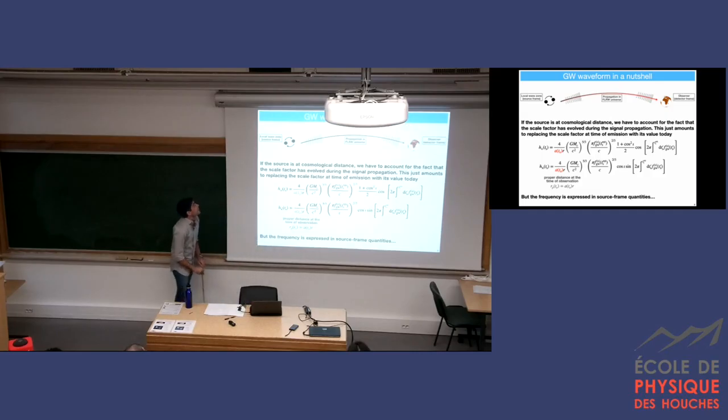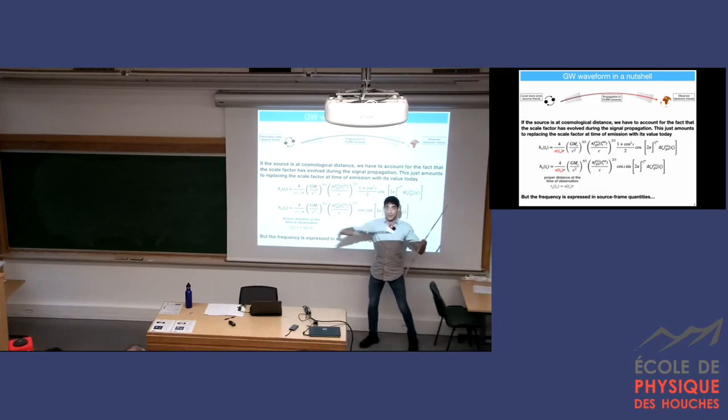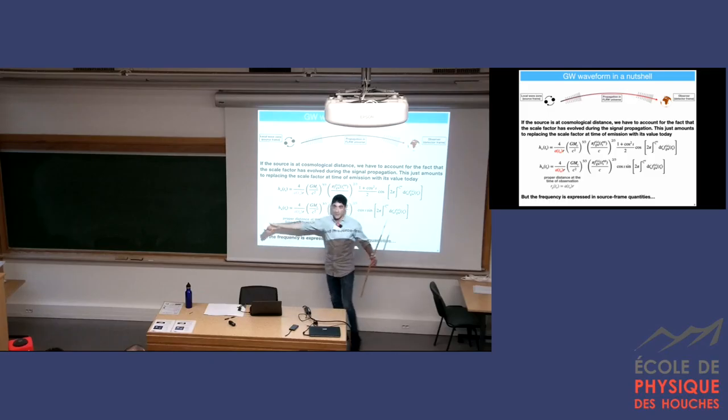Now, imagine that this is my system. That's us. And the gravitational wave basically propagates in the FLRW universe. Now, if the source is at cosmological distance, one has to account for the fact that the scale factor has evolved during the time of propagation of the signal.